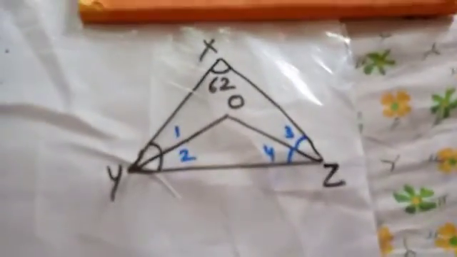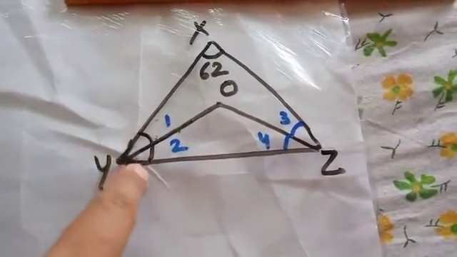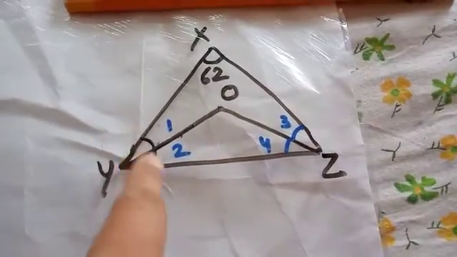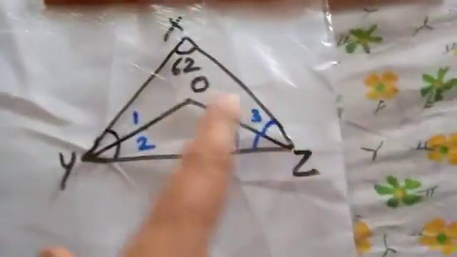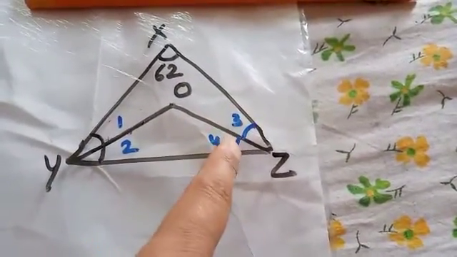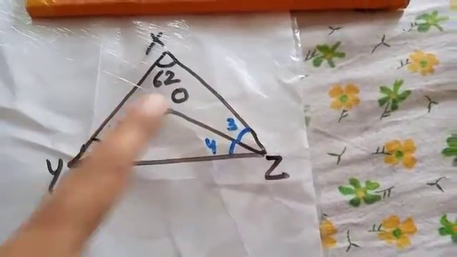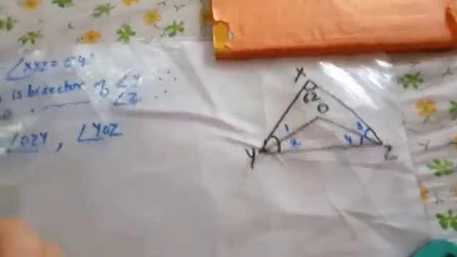So see the figure. X, Y, Z, this angle, complete angle is equal to 54 degree. YO is bisector of angle Y and ZO is bisector of angle Z. Z का bisector means angle 3 और 4 equal होंगे, and YO is bisector means angle 1 2 के equal होगा. So I am writing it here.